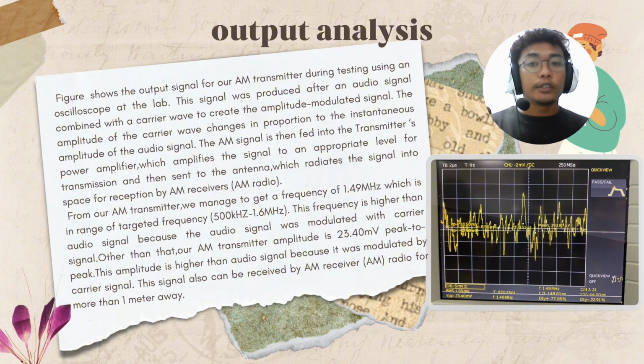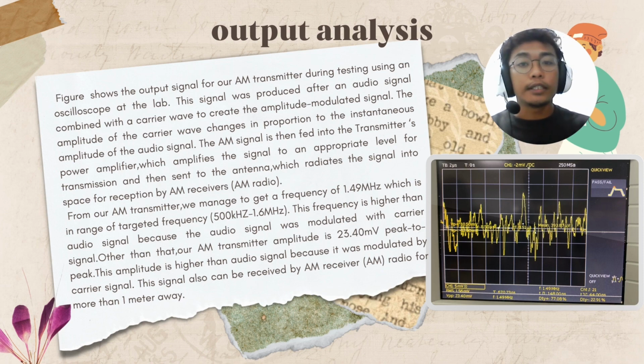The figure shows the output signal for our AM transmitter during testing using an oscilloscope at the lab. The signal was produced after an audio signal was combined with a carrier wave to create the amplitude modulated signal, which is the AM signal. The amplitude of the carrier wave changes in proportion to the instantaneous amplitude of the audio signal.